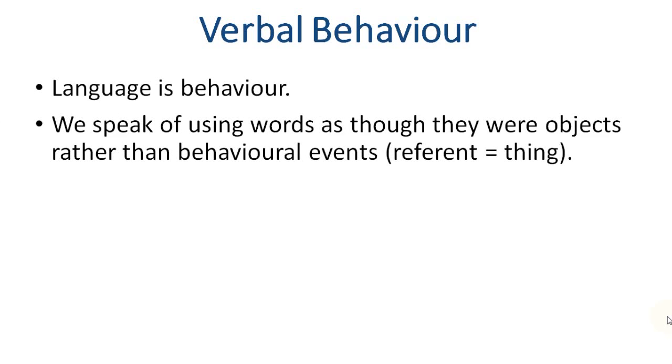And we use words as though they were the objects that they refer to rather than a behavioral event. So, for example, the word red does not have a color. We tend to think same reference equals the same thing, but that is not always the case. So, for example, when I say hello, it's not a case of referent and thing.